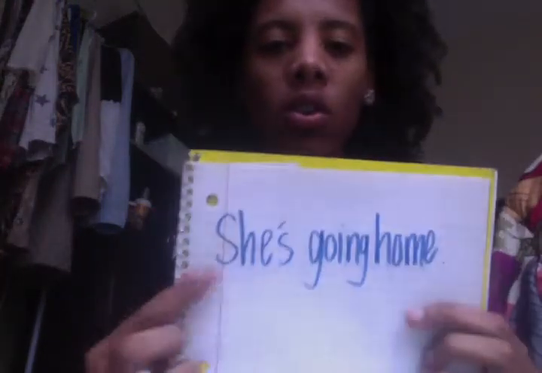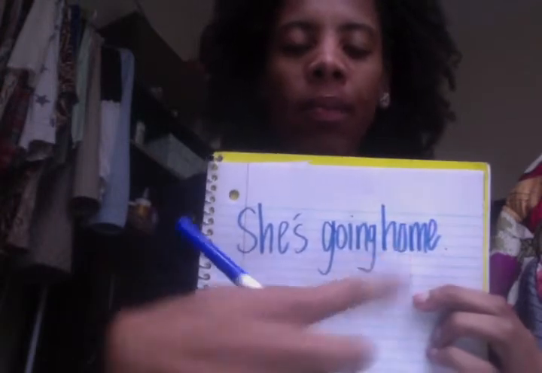But, for example, if you had a sentence that said, she's going home. She's going home. I would take this word she's and I would break it up as the contraction.